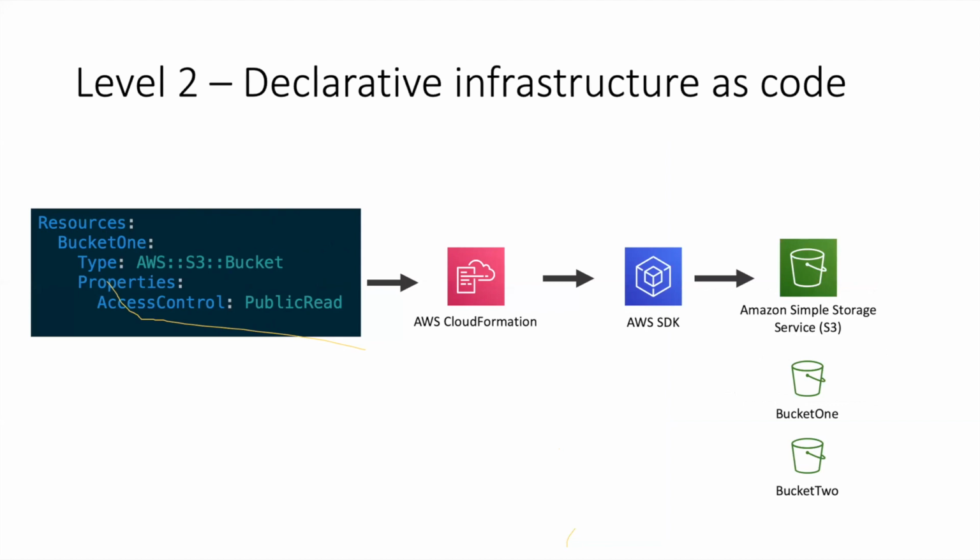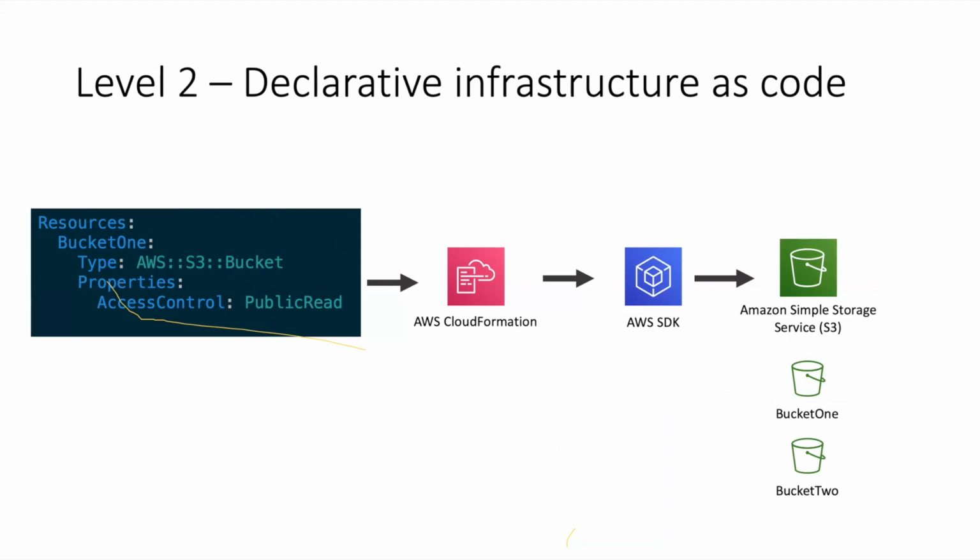So just to summarize how this works again, here I have a CloudFormation sample with a list of resources. And you see I have a resource called bucket1. And this YAML gets passed off to CloudFormation. CloudFormation calls the AWS SDK on my behalf.